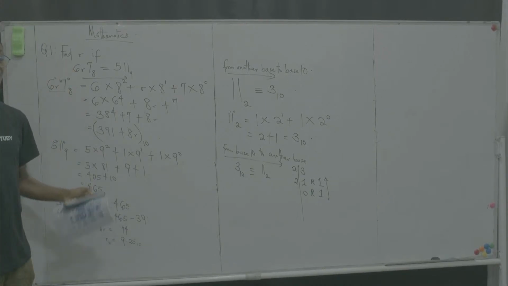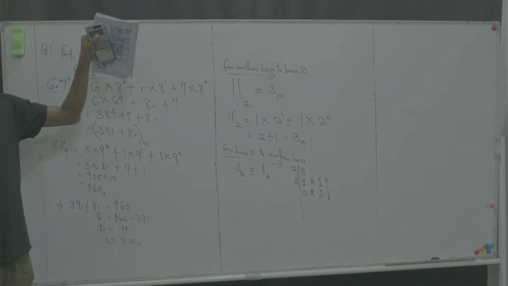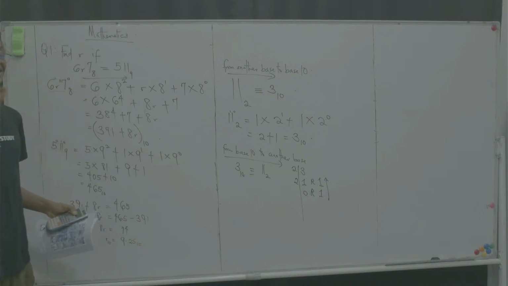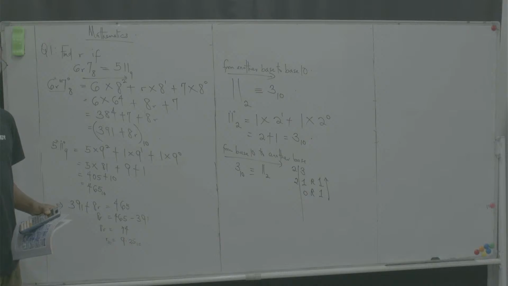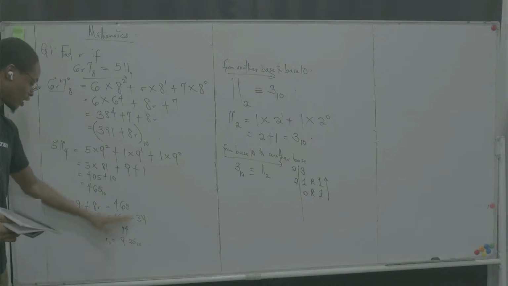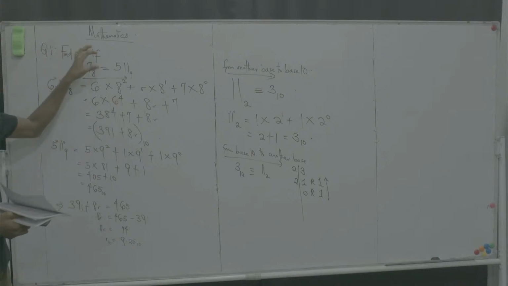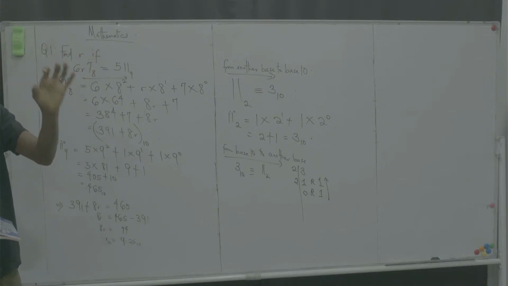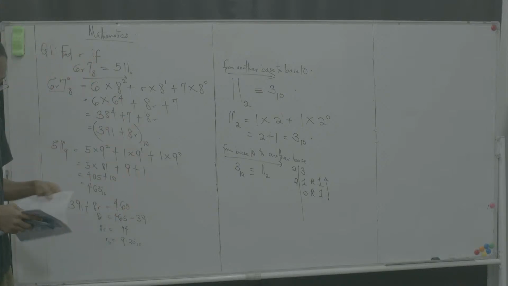I'm still dealing with the same value in equivalent bases. If the question now specifies the base it wants, then you convert. So this one now I'm taking to base 10 because there is no specific indication of where it should go to. So does that make sense to you? So that's that.